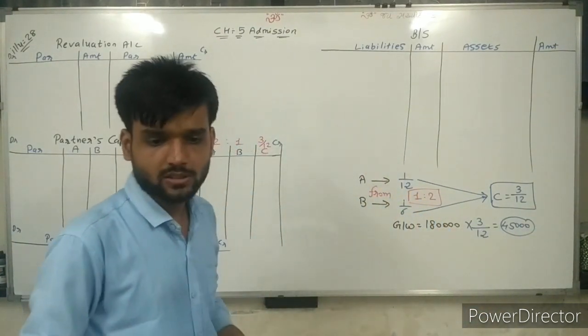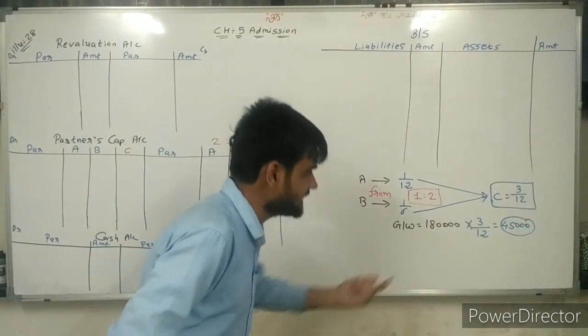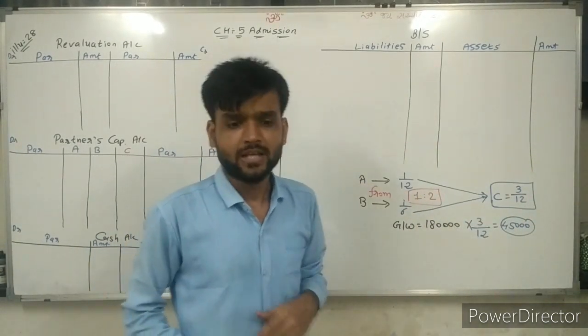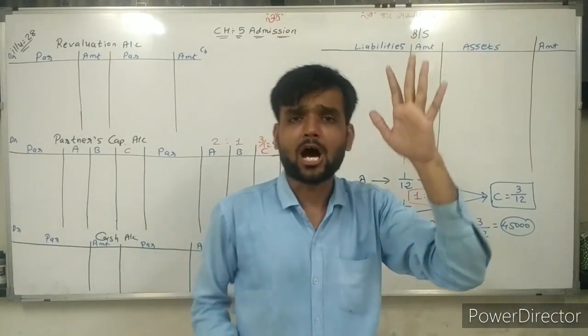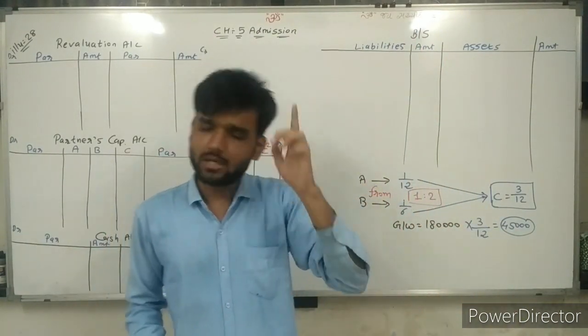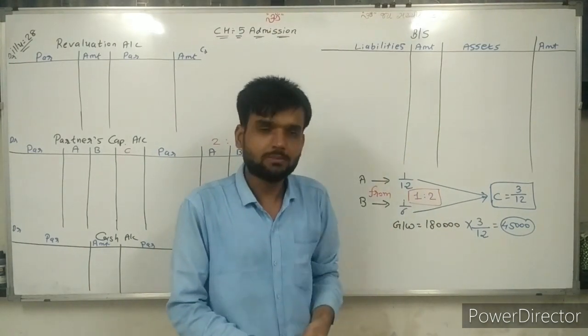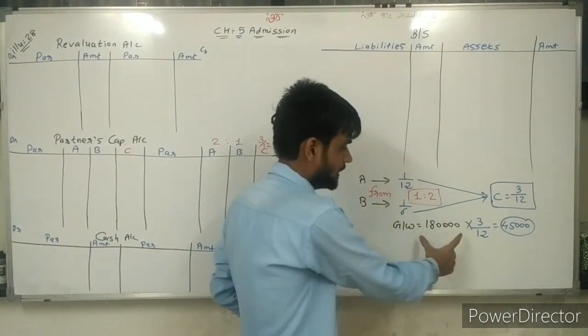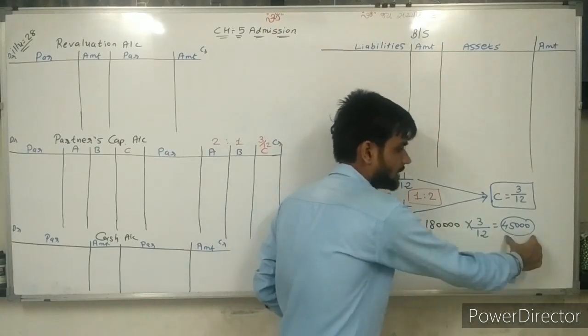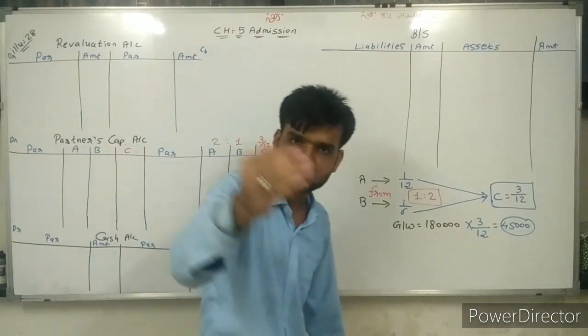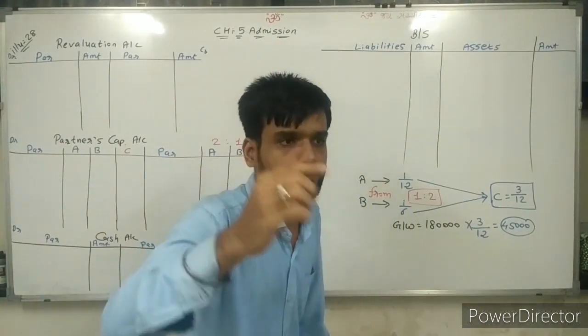This 45,000 goodwill amount is brought by C in the business. Here it is not given how many rupees are brought by C, but his share is brought by C, that is given. It means his share is 3 by 12, goodwill amount 180 into 3 by 12, 45,000 is brought by C in the business.